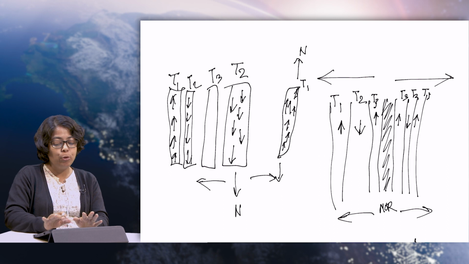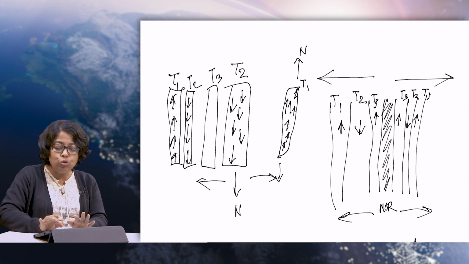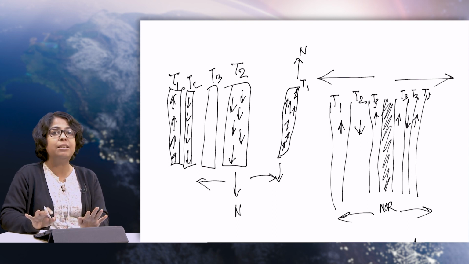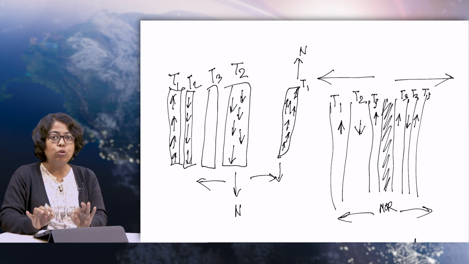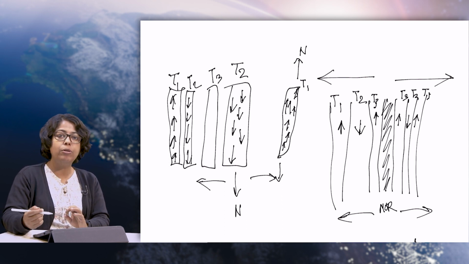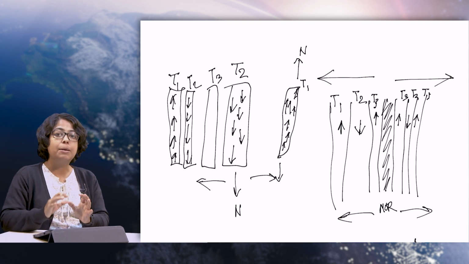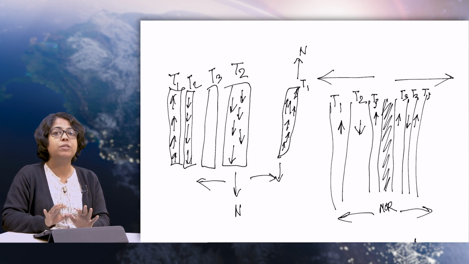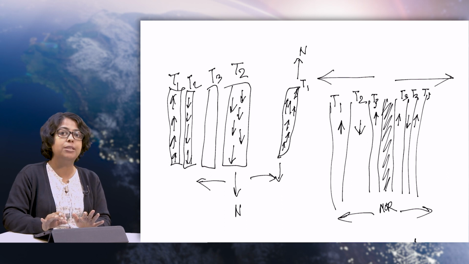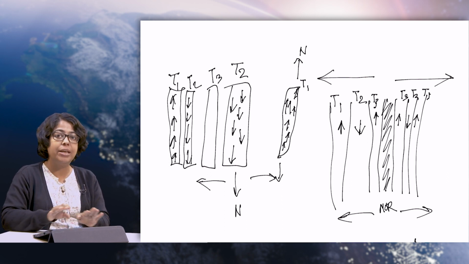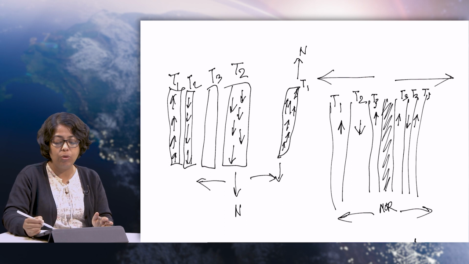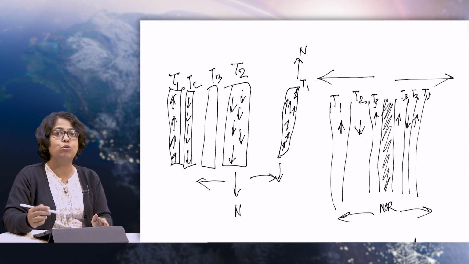So, magnetic polarity change is not creating seafloor spreading. The documentation of magnetic pole change is supporting the idea of seafloor spreading. It is documenting the spread and the rate of the spread also, if you know how these polarities have changed over time.